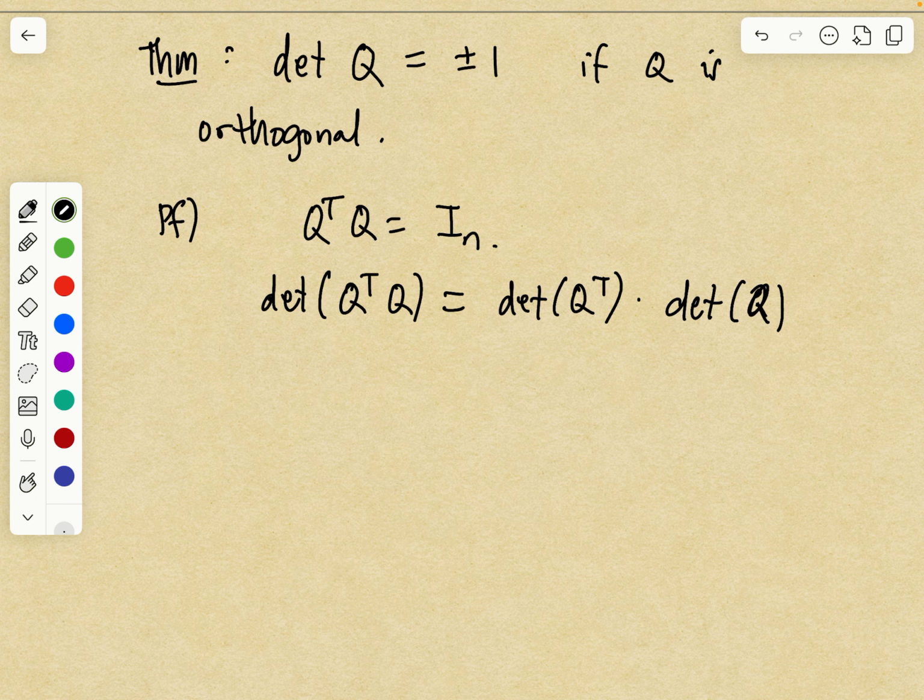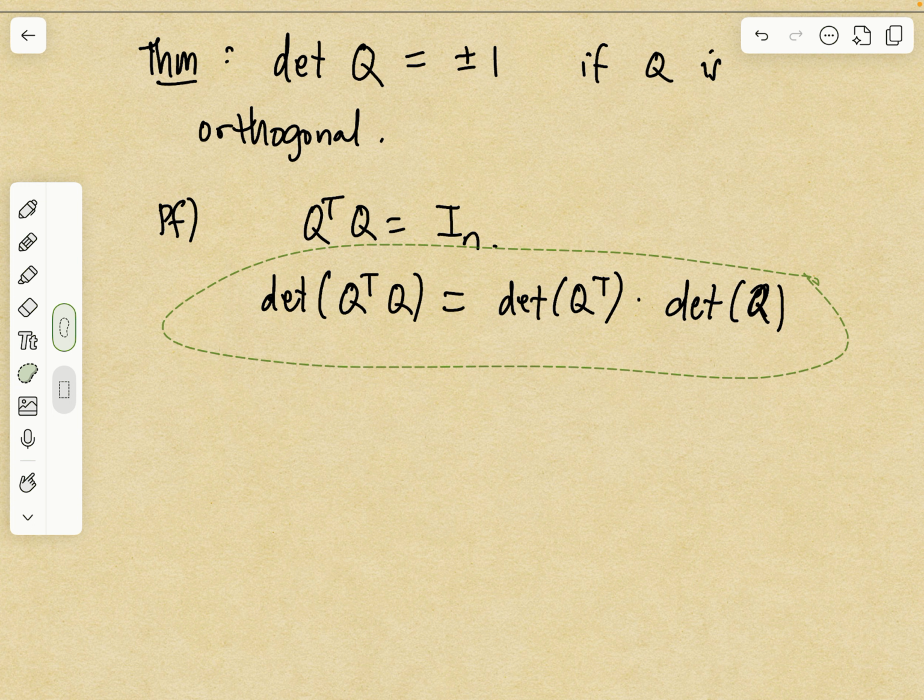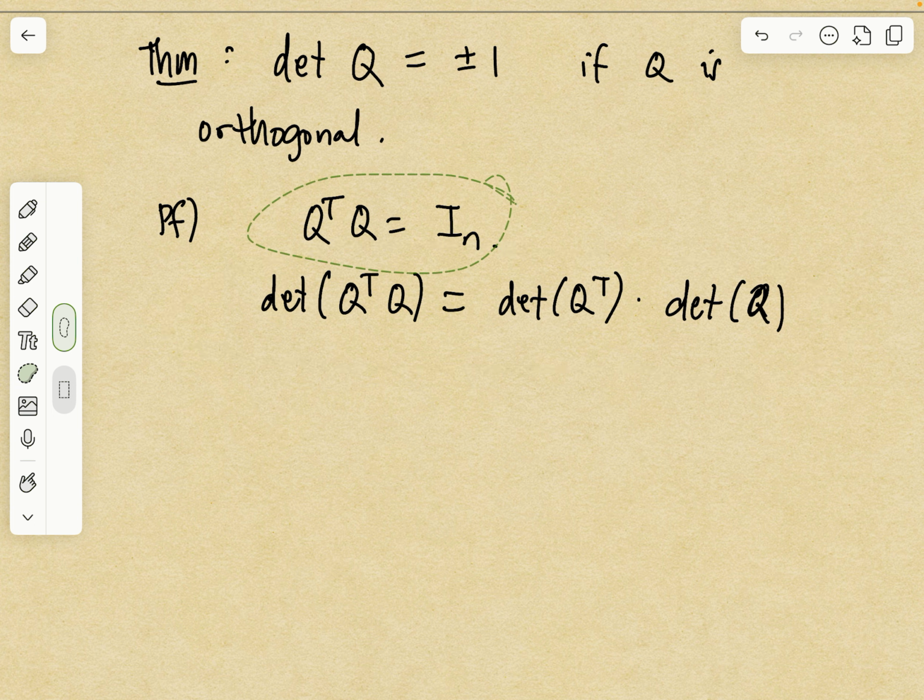I just want to remind you that this is an equation involving numbers. This first one is saying that when you multiply these two matrices, you get the identity matrix. This is saying that the determinant is equal to the determinant of Q transpose times a different number, the determinant of Q. Of course, they might be the same determinant, but in general, they might not be.